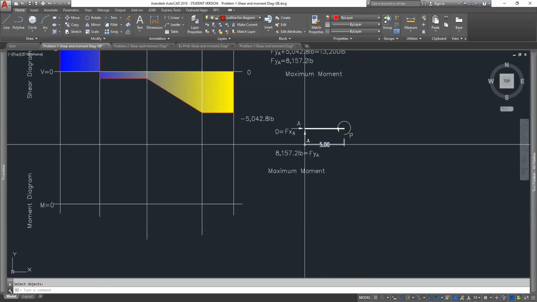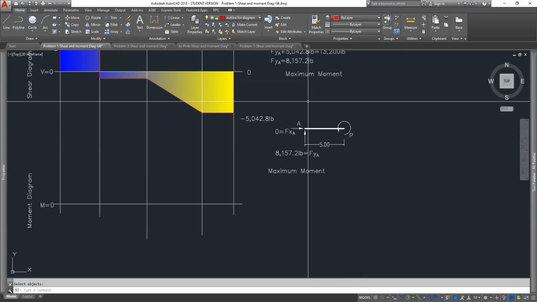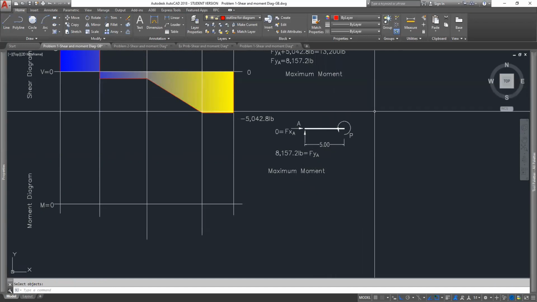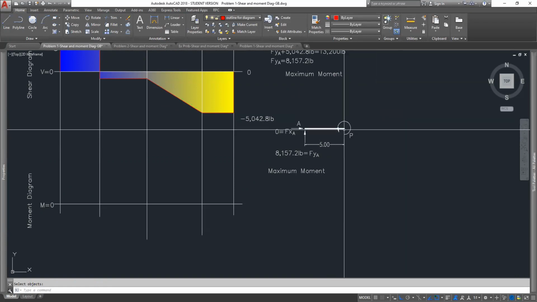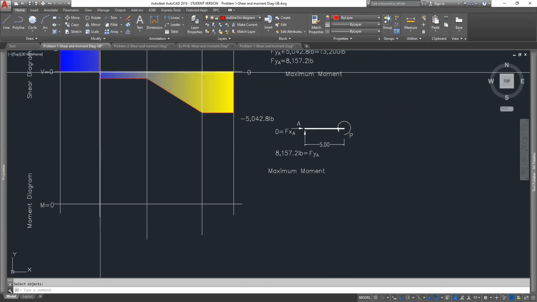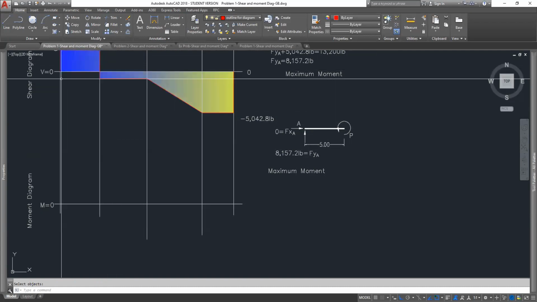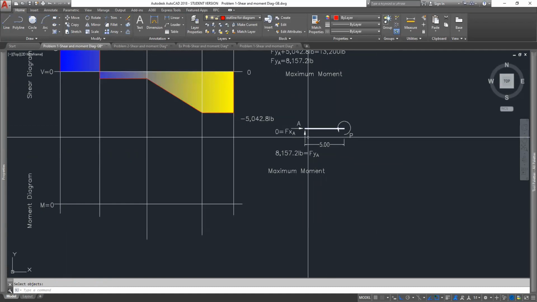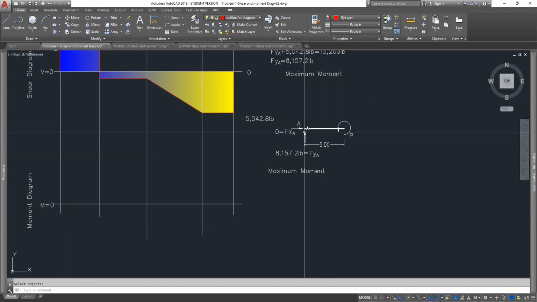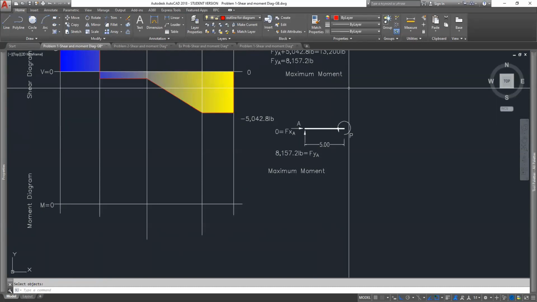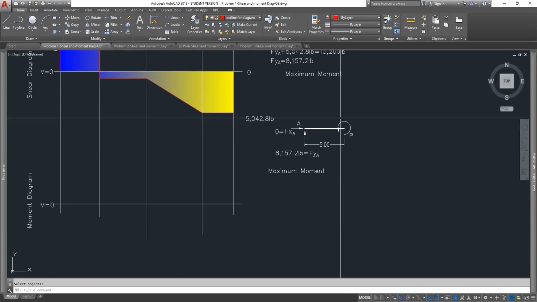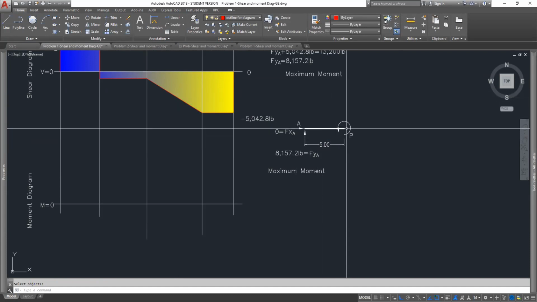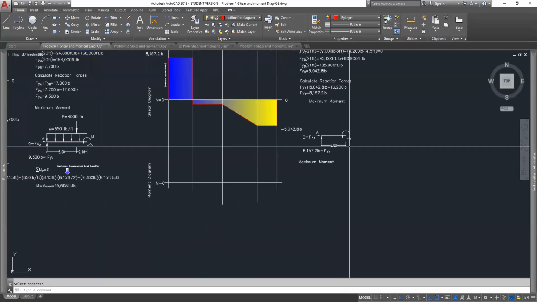The only reaction force that we have is this one, and it is pushing up on the beam. If you put your finger on point P, it's 5 feet away from the reaction force coming up. This force coming up wants to rotate it clockwise, which is negative. We need to counteract it with a positive rotation to stop it from rotating. Again, we want to be static. That is what we call the internal stress occurring at that point.